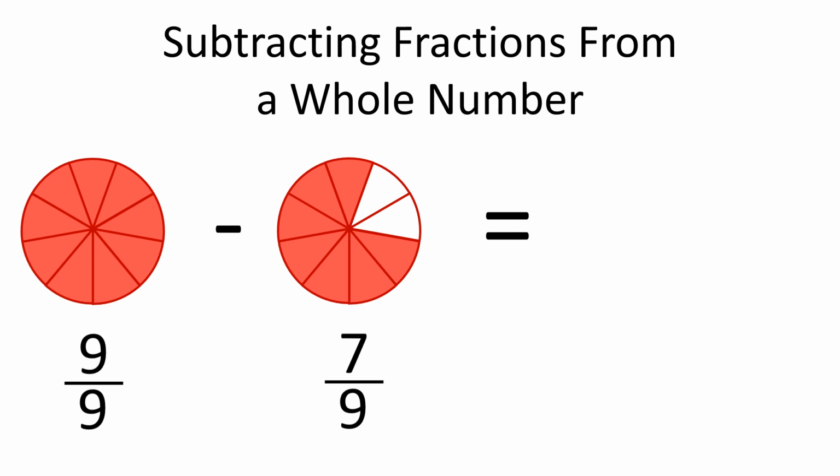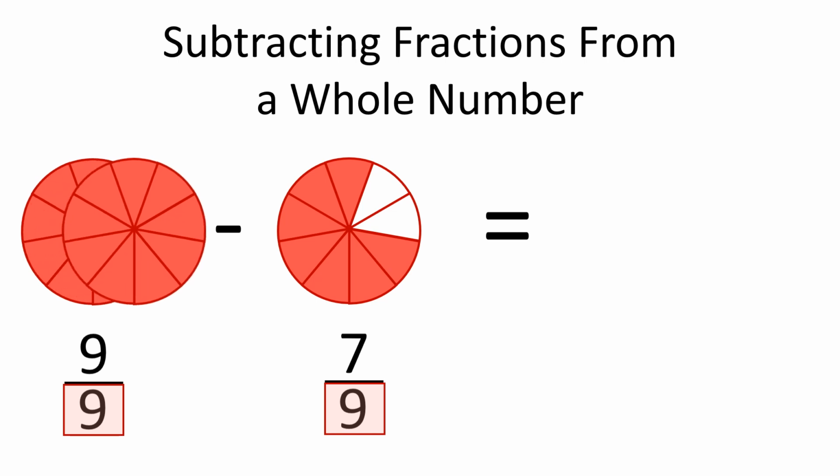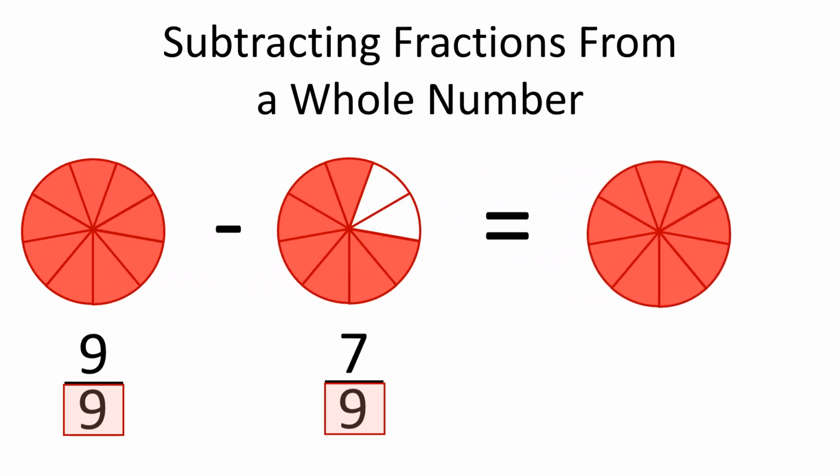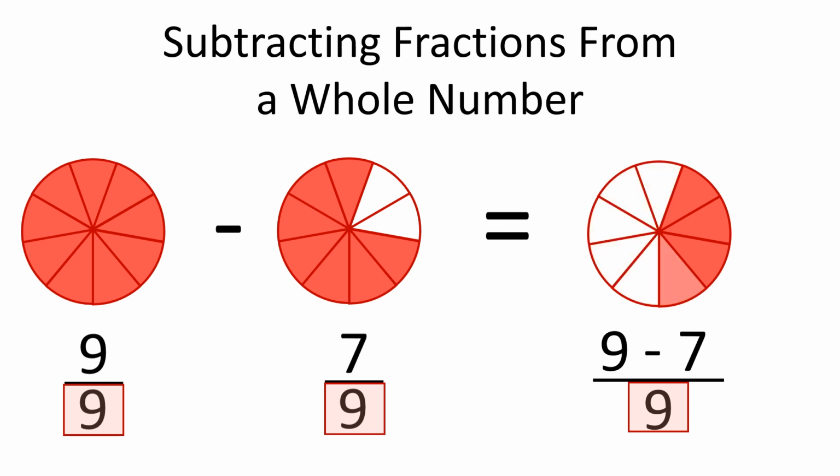Since both fractions have the same denominator, we only need to subtract the numerators. So, from 9 parts, we subtract 7 parts, and what is left is 2 parts out of a total of 9 parts. So the answer is 2/9.